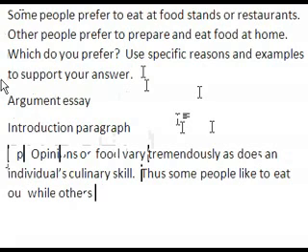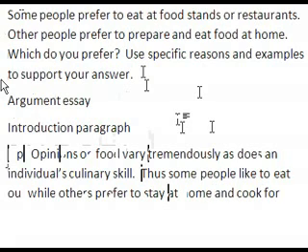So we might say something along the lines of thus, some people like to eat out, while others prefer to stay at home and cook for themselves. So this is our background sentence, our detailed background sentence.